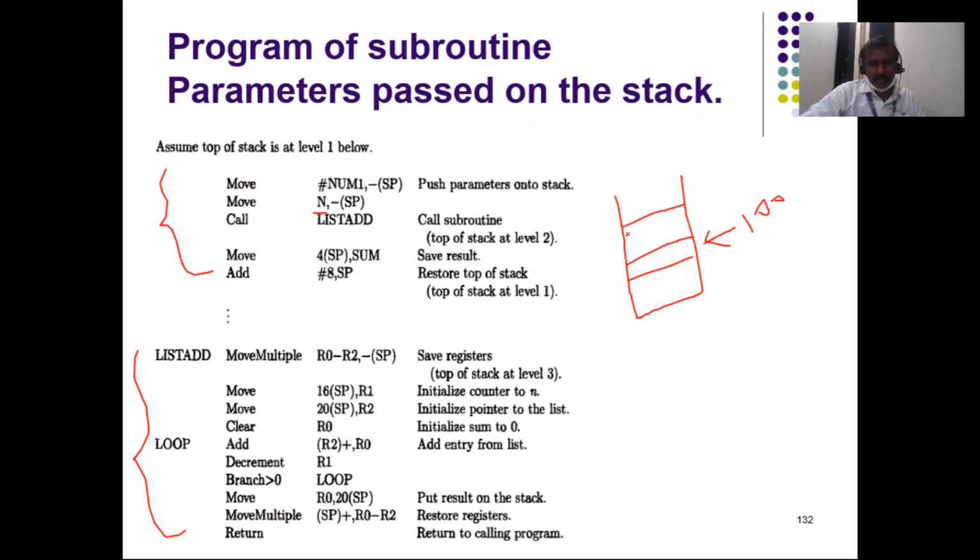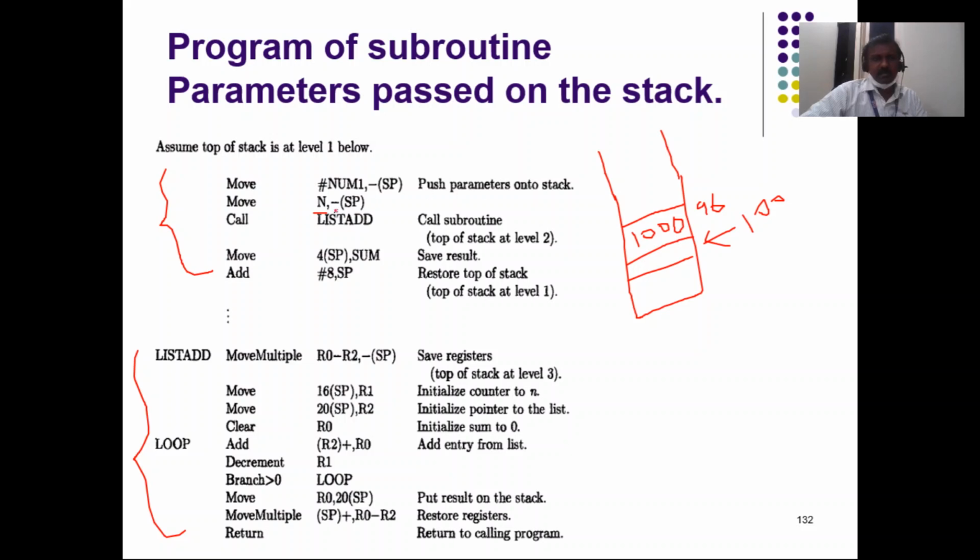Hash num1 comma minus SP means that the address of num1, because hash gives the immediate value, it doesn't give the content, is moved to minus of SP. Minus of SP means 100 minus 4 is 96. Throughout the discussion, let us assume the word size as 4 bytes.